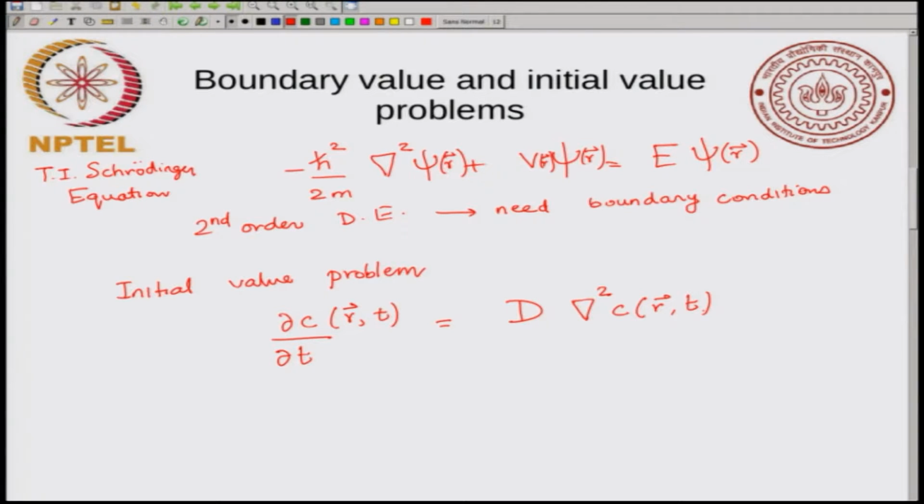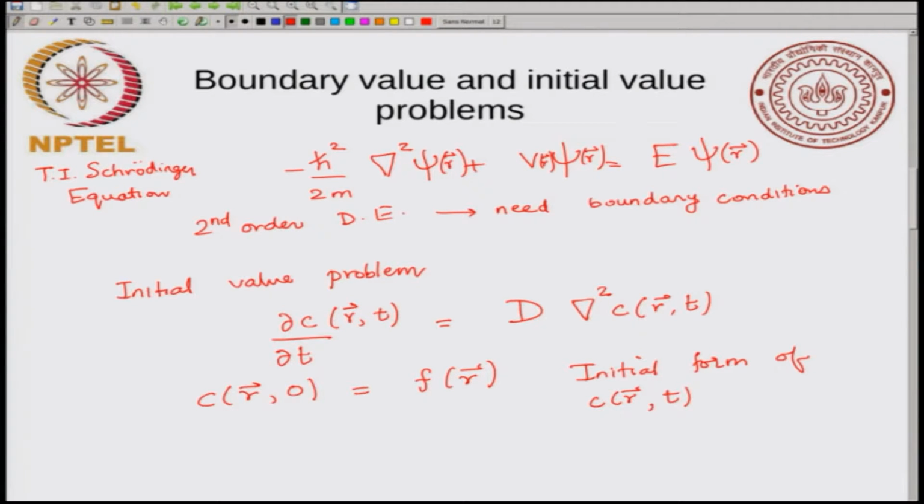So, this is a second order differential equation, and often in this equation you prescribe the initial value. So, you say what is c of r at t equal to 0 is some function, I will just call it f of r. So, this is the initial form of c of r, t, and this is what is called an initial value problem. Okay.